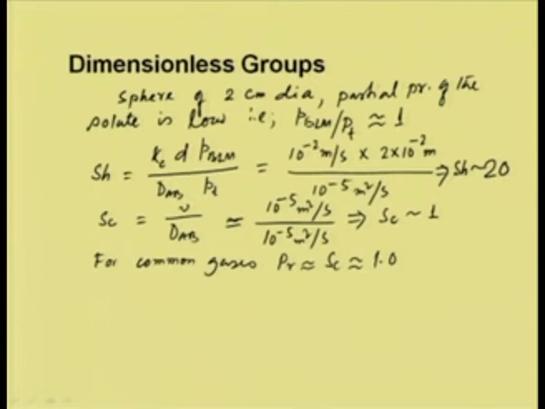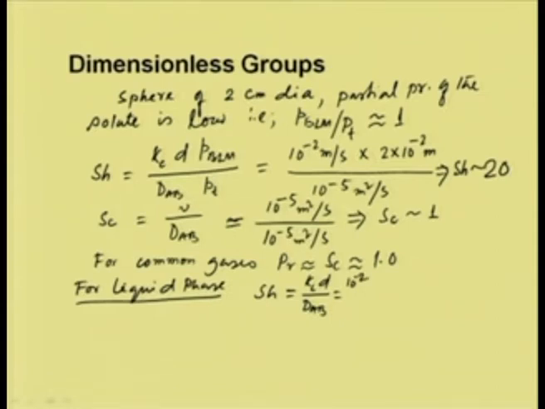For the liquid phase, and for similar geometry, the Sherwood number is equal to K L D by D A B, which is equal to 10 to the power minus 2 into 2 into 10 to the power minus 2 divided by 10 to the power minus 9 meter square per second, which is the diffusion coefficient in case of the liquid phase.